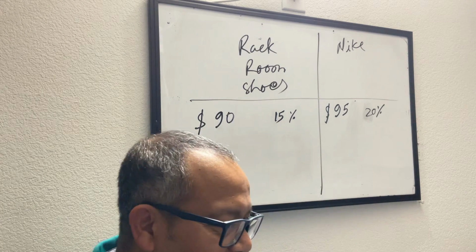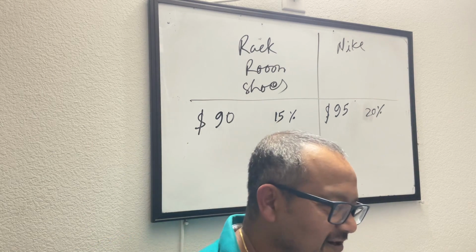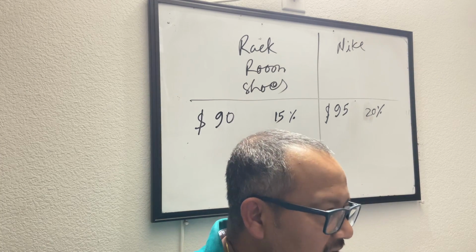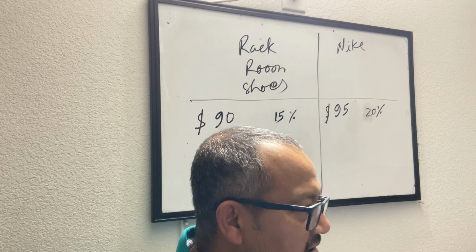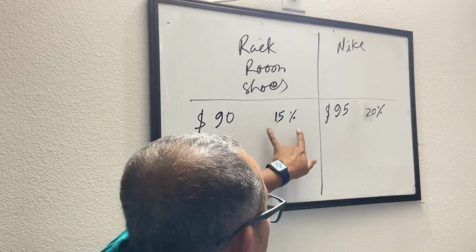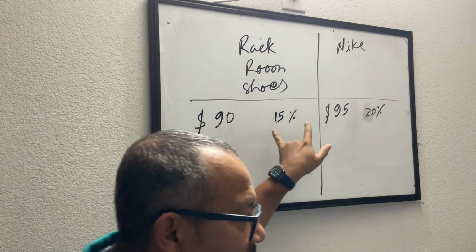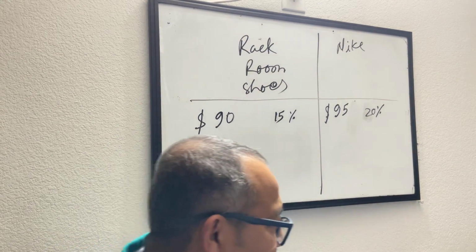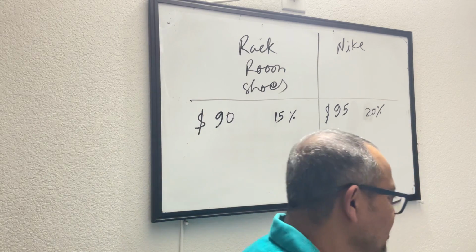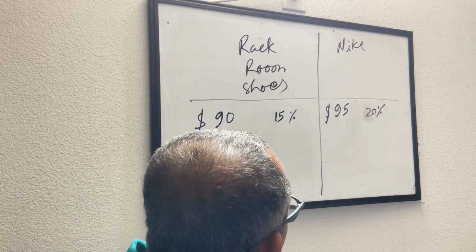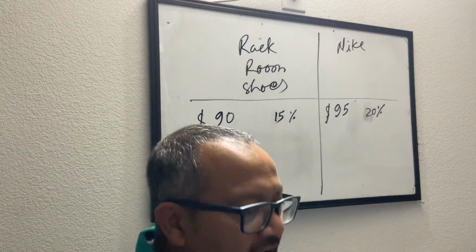There's a $5 difference. No, there's no $5 discount. How much is the difference? Like in percentage or how much it could cost? No. Yeah, I want to know how much you have to pay. I got $76.5 for the Raffles shoes, and then for Nike I got 93.2.